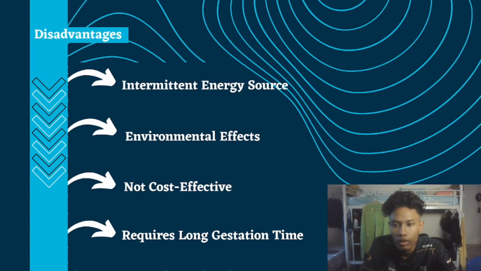It also has an environmental effect because of the turbines that are planted in the ocean, and it is not cost effective because building a tidal power plant uses a lot of cost and requires a long gestation time because of the turbines that need to be planted in the ocean. It needs more time to build.